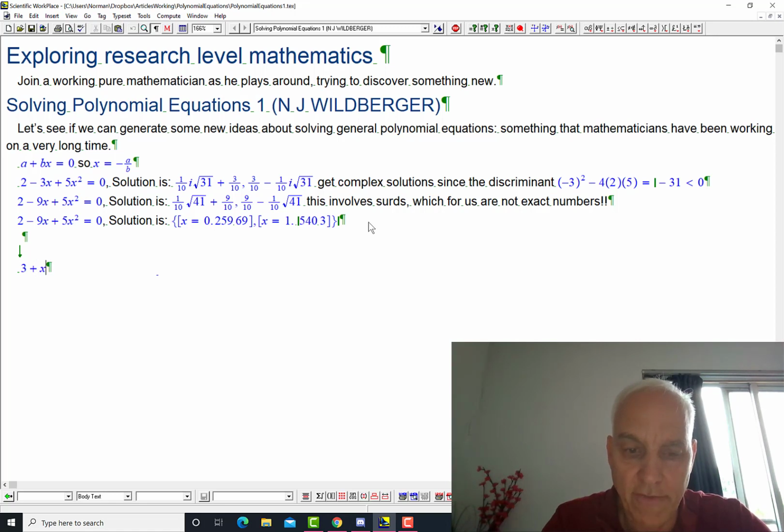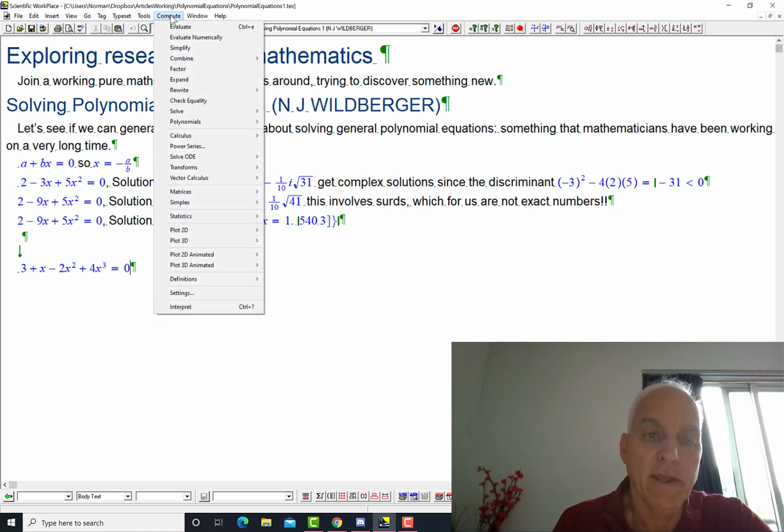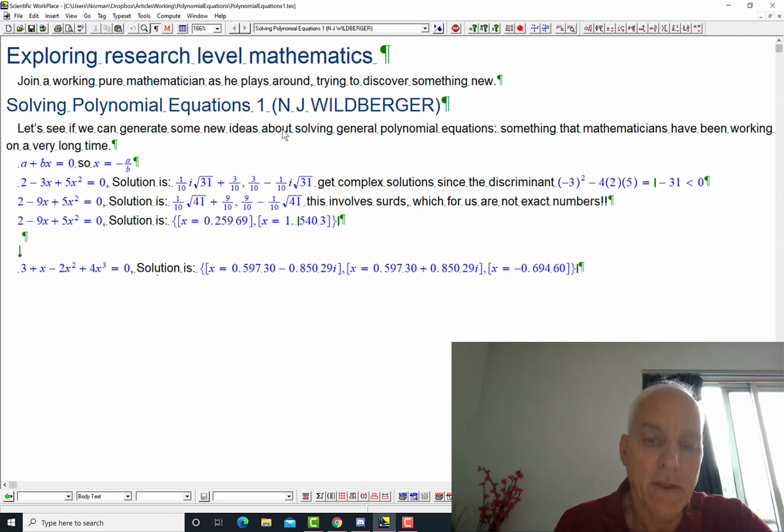Say 3 plus x minus 2x squared plus 4x cubed equals 0. What's going to happen if we try to solve it? Let's first solve it numerically. This thing has 3 solutions, but 2 of them are complex, and 1 of them is real.